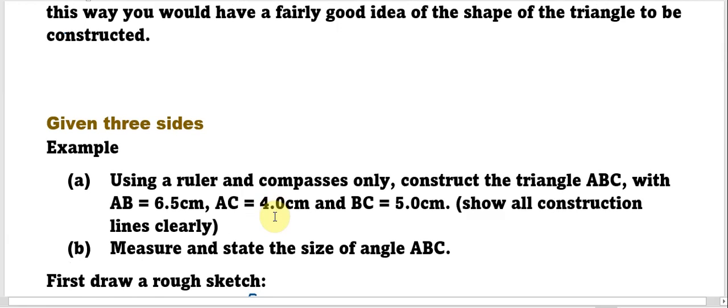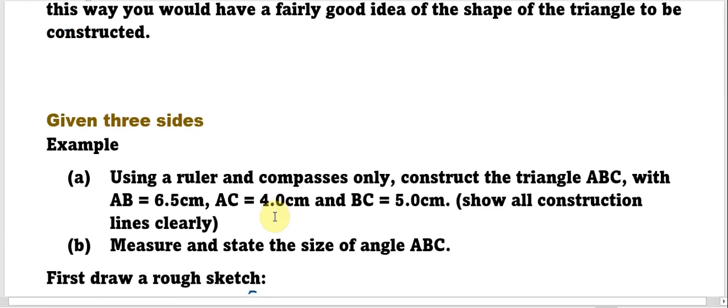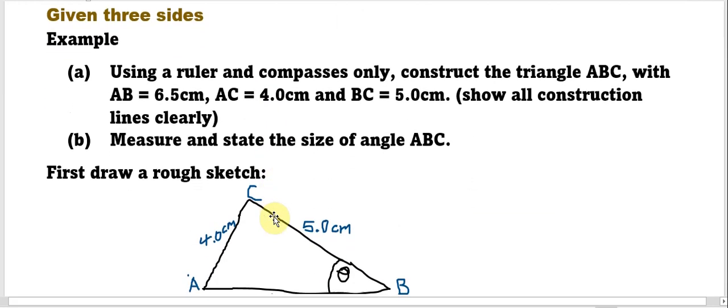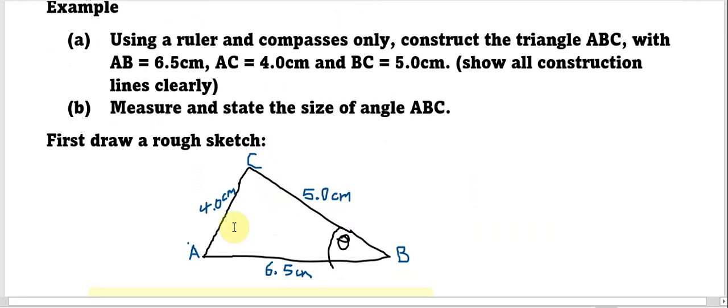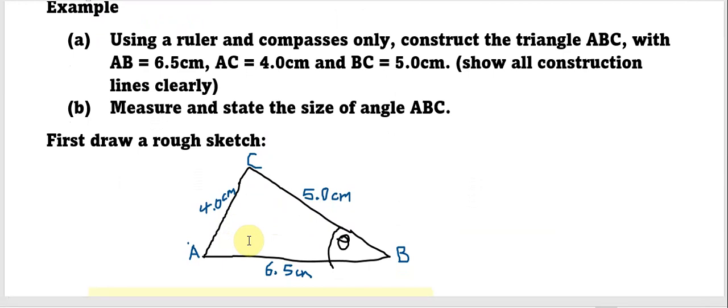So again, we encourage you to first draw a rough sketch. So here is my rough sketch. And when we say rough sketch, we mean you do not use a ruler and you really draw freehand. So hence mine looking like that. But we can see here clearly that AB is 6.5 centimeters here.